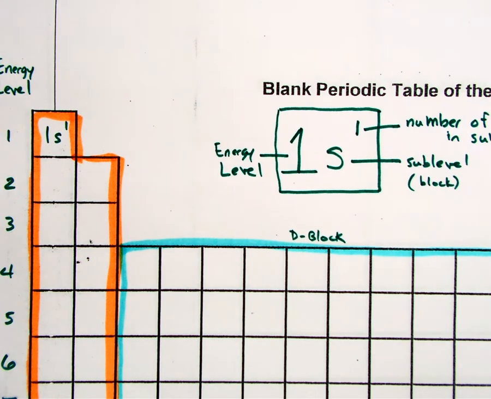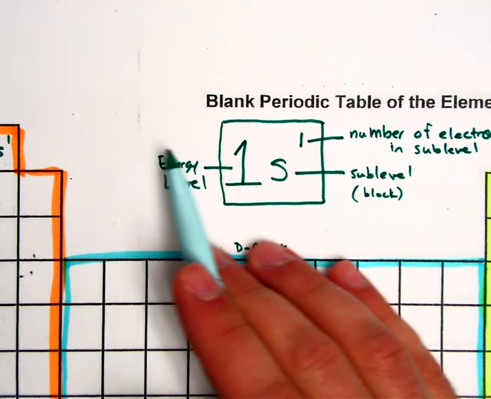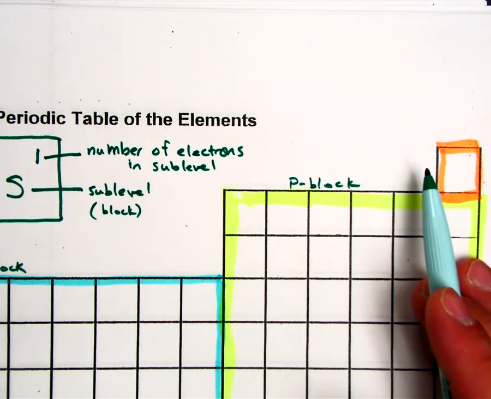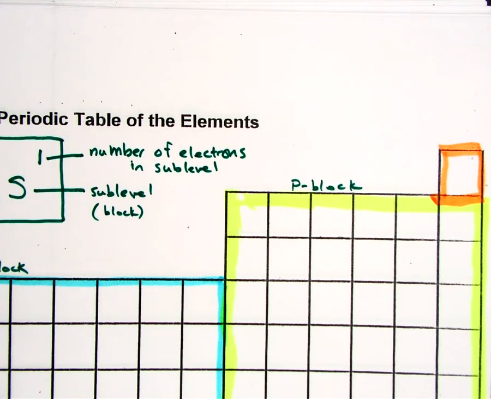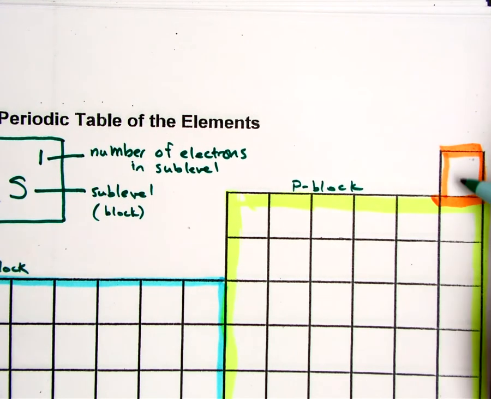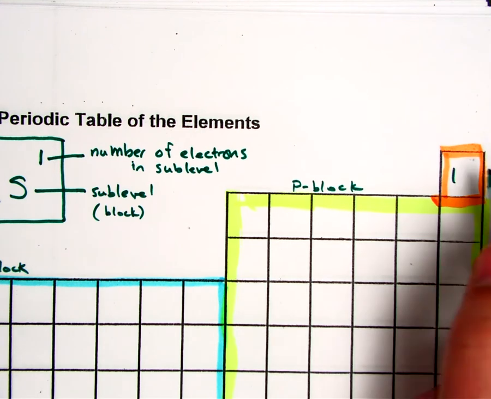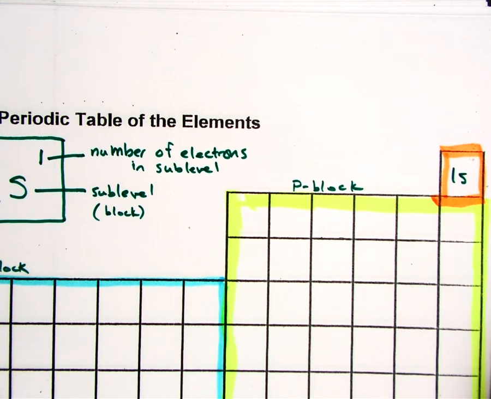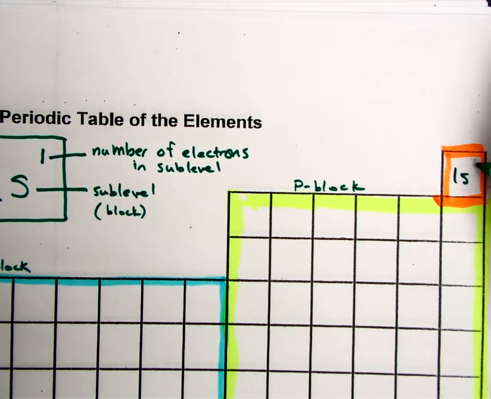Now, because we read the periodic table left to right, top to bottom, I got to skip over all this empty space here, all the way over to that element, which is element number 2, helium. Helium is in energy level 1. It's still part of S block because it's outlined in orange in my case. And it is 2 for the number of electrons.